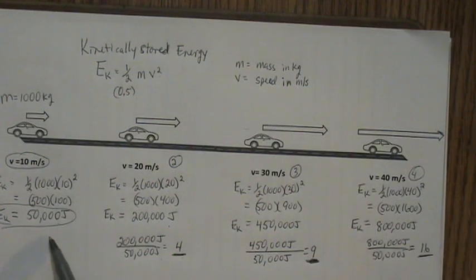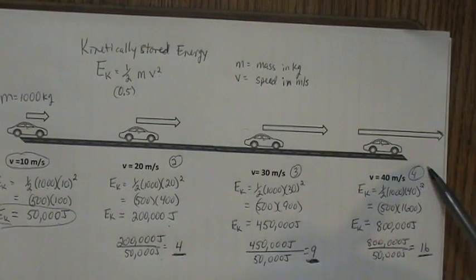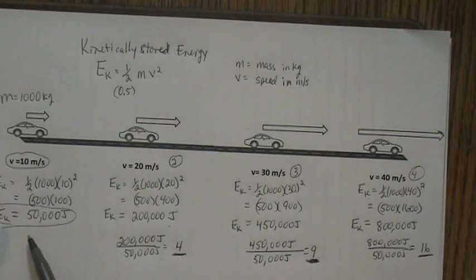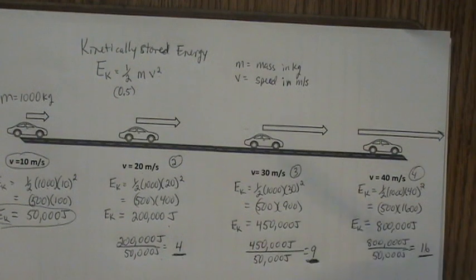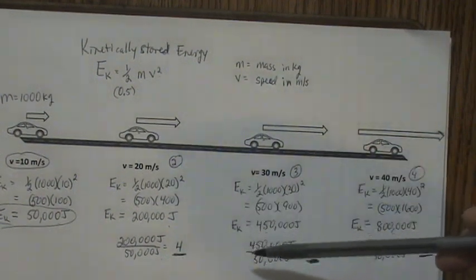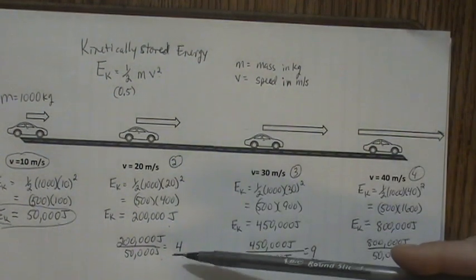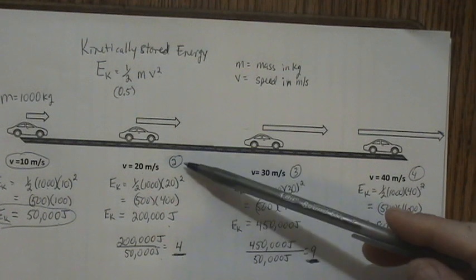And if we said 8 times the velocity, 8 squared is 64, so it'd be 64 times the original energy. So we can work these problems that way also. We don't have to keep using the same equation over and over again if you know proportionally what is going to happen. The kinetically stored energy changes like the square of the velocity.